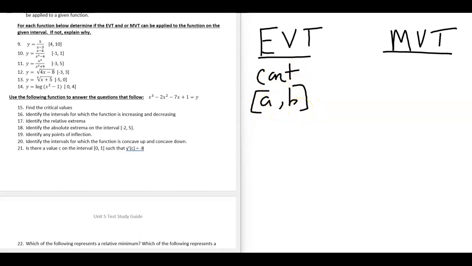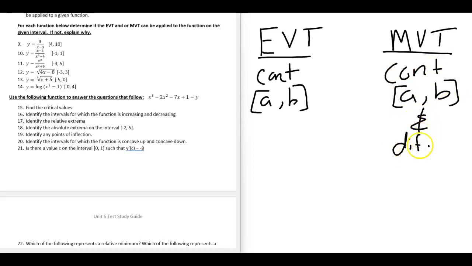For the MVT to apply, that has to be true as well. It has to be continuous on the closed interval AB, but it also has to be differentiable on the open interval AB. Okay, so let's go ahead and see how this works out for us here.